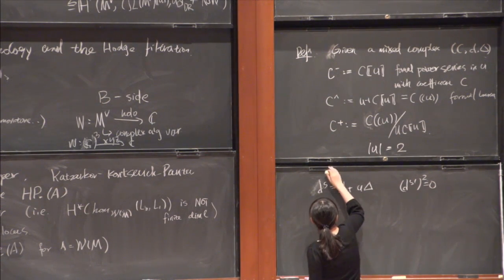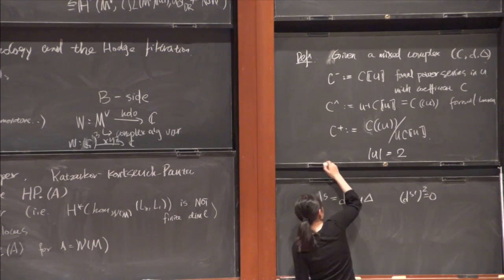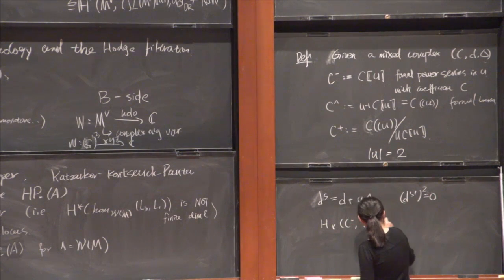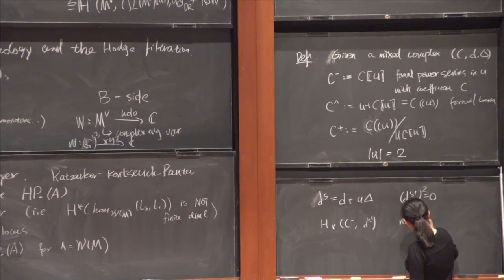And then the theory of cyclic homology will say if I take homology of this, the first one is called the negative cyclic homology.